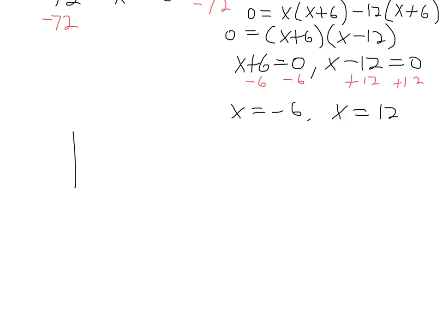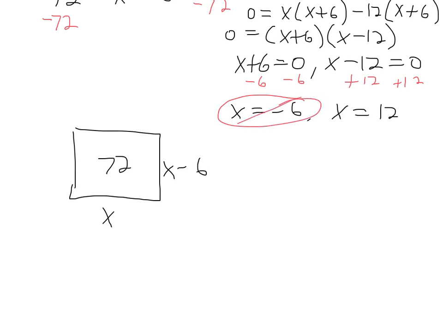We have a rectangle, x minus 6, 72. Because x represents a distance, a length of this rectangle, it's impossible to have a negative. Negative distances don't make sense. So we get to throw out the x equals negative 6, leaving us just x equals 12.